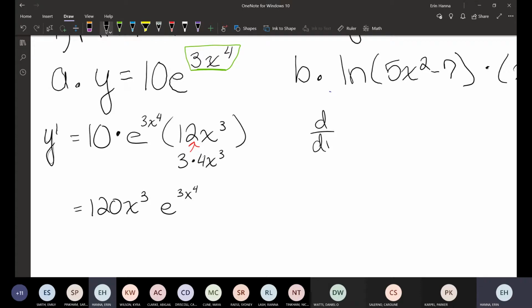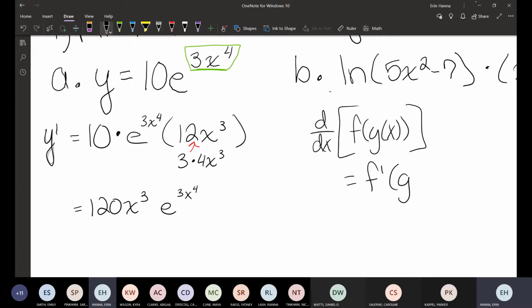Chain rule reminder. We have an outside function and an inside function. Here, the outside function is essentially 10 times e to the z, if you will. We essentially have something that looks like this, where that z is the 3x to the 4th.